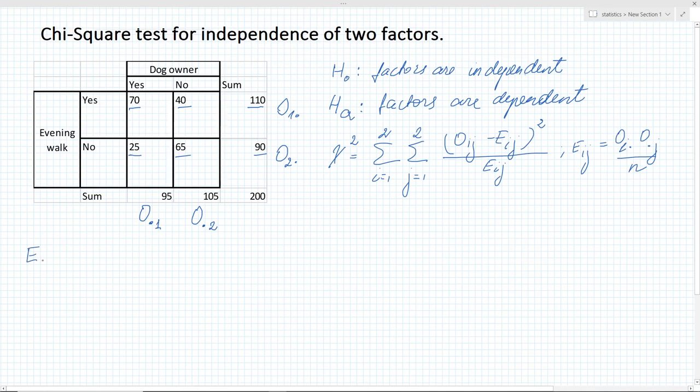So let's pass directly to the example. The expected frequency for the first cell of the table, E11, is equal to the sum of the first row times the sum of the first column divided by the sample size, which is 200. E12 is then the sum of the first line times the sum of the second column divided by the sample size.